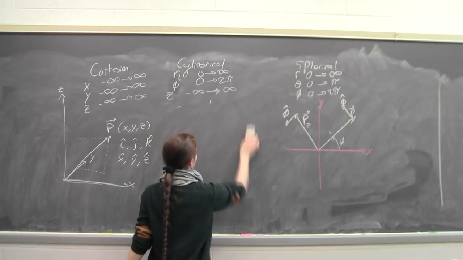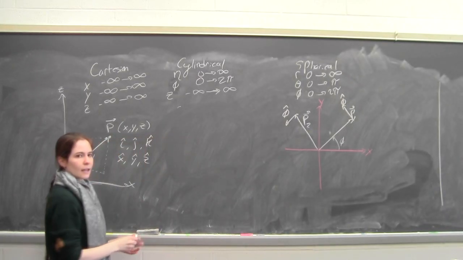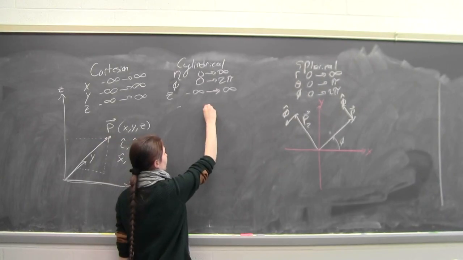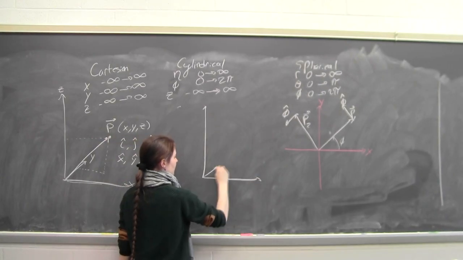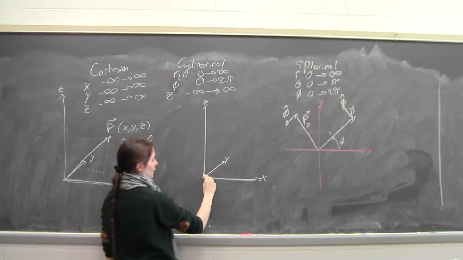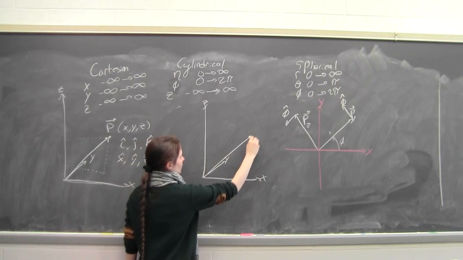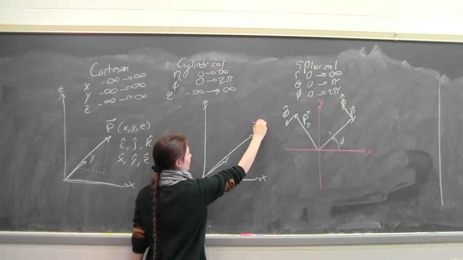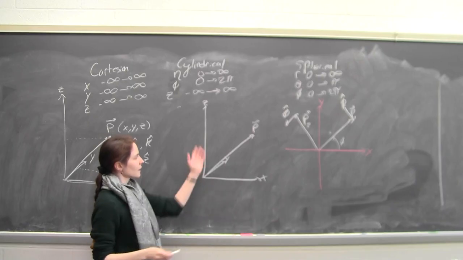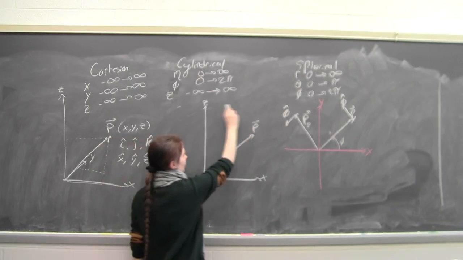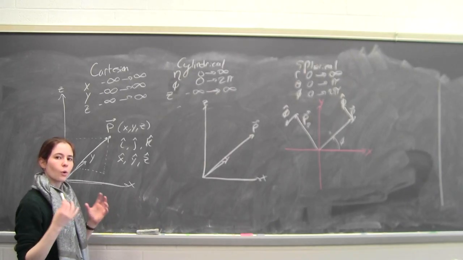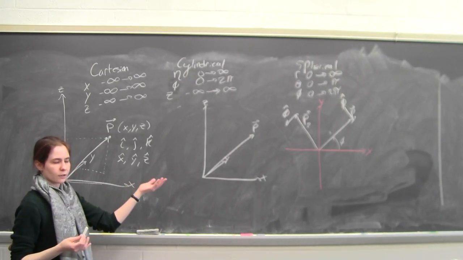If I have, let's say, a sphere, so I'm going to put up my Cartesian axes, as usual, x, y, and z, and then I have some vector p that I want to describe, and let's say that this vector is somewhere within a sphere, and so it's useful to use spherical coordinates to describe this vector.